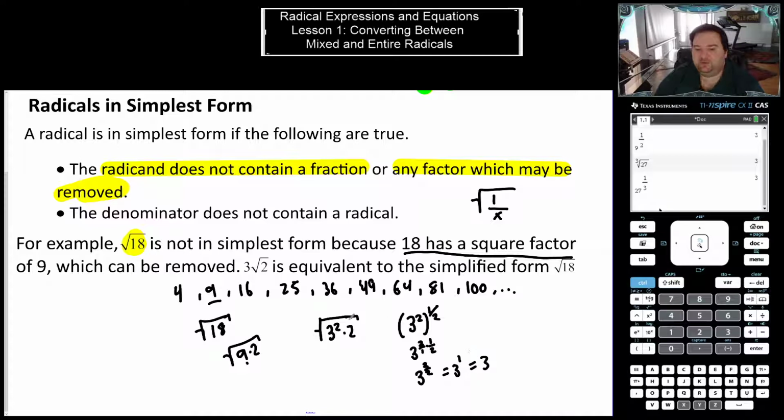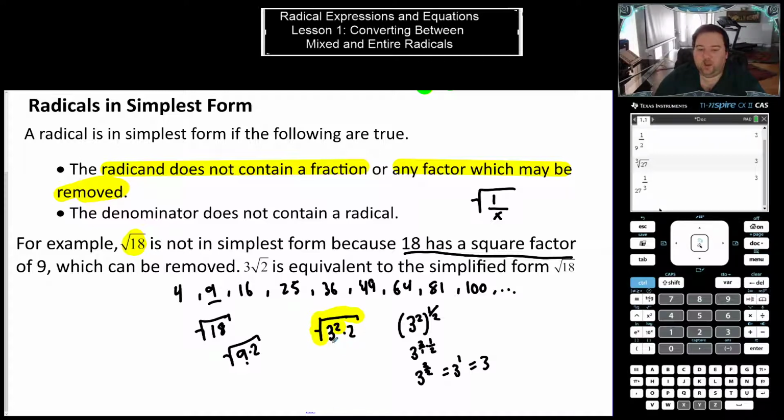So what you see here, and this is a very key process, is that when you have a square underneath a square root, the square and the square root cancel each other.